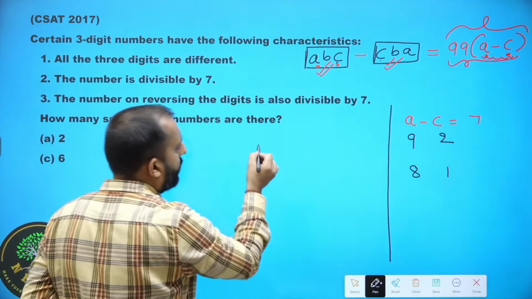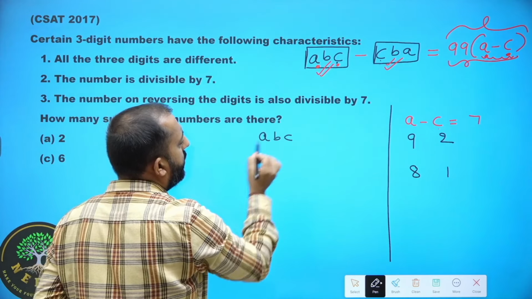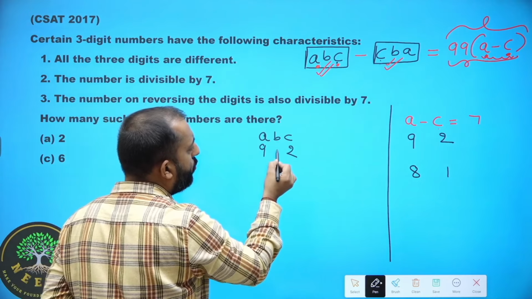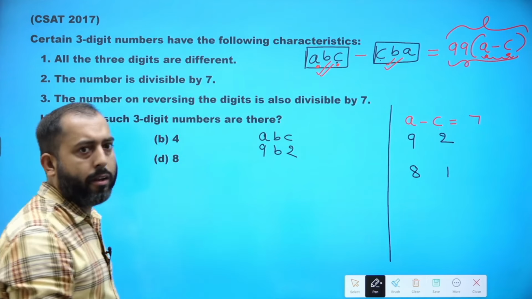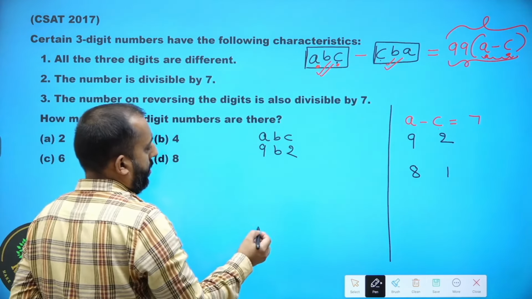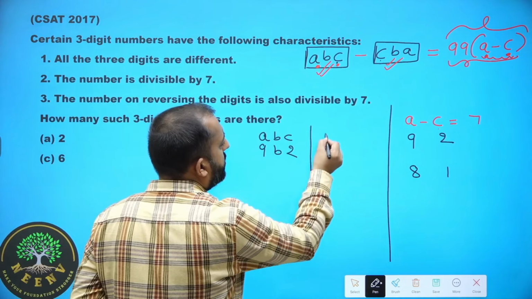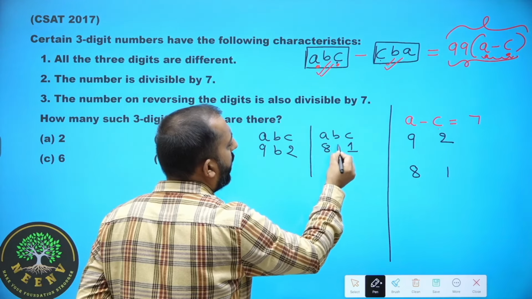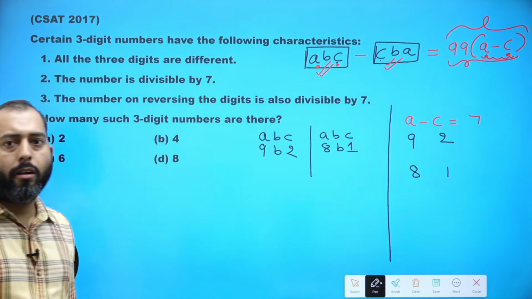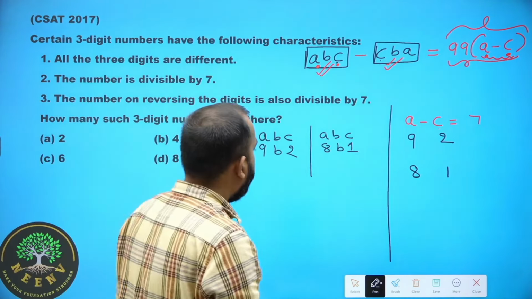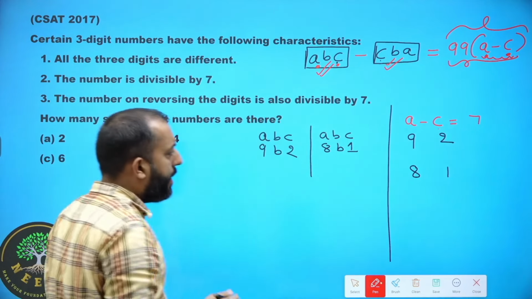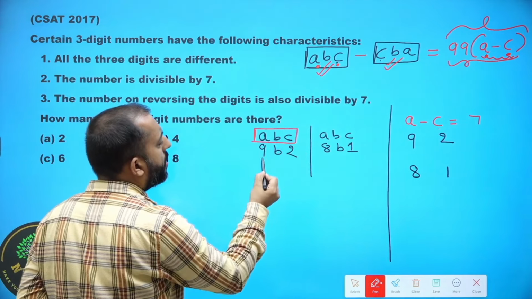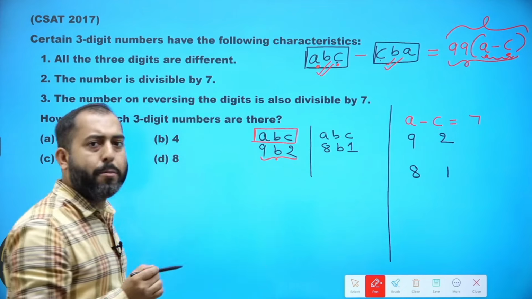It means if the number is ABC, then A can be 9, C can be 2, and I don't know about B. And if the number is ABC, then A can be 8 and C can be 1 and I don't know about B. Now I know one thing, and that is ABC was divisible by 7, which means 9B2 should be divisible by 7.